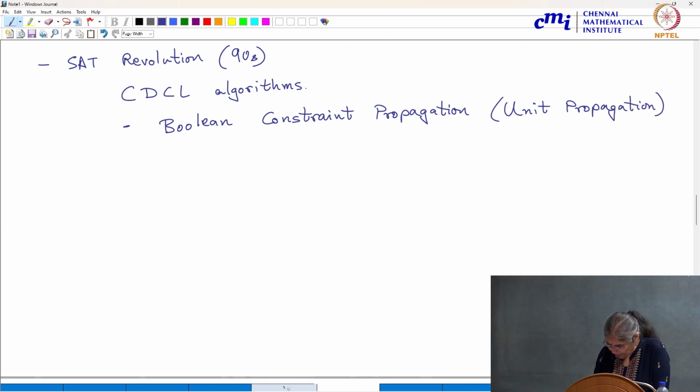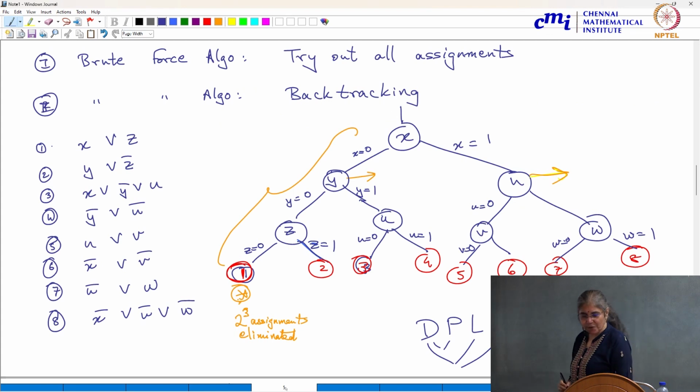And what this unit propagation means, you can go back to this example and say, okay, at the first step you decided that you will set the value of x, try out a value of x. You decided that you will first try out x equals 0. In this example, it didn't matter which we tried because both sides were roughly the same, but sometimes it even matters, will you try out x equals 0 first or x equals 1 first? Let's say we decided to try out x equals 0.